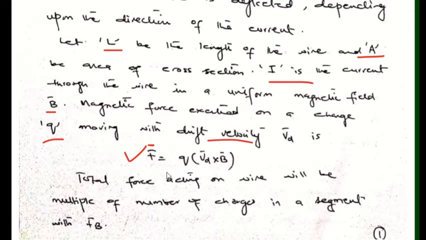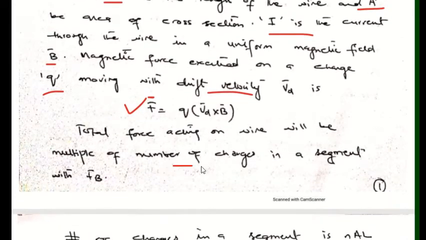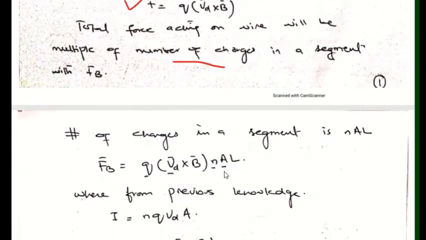So the total force acting on the wire will be this force multiplied by the number of charges present within that segment of the wire which is being placed within the uniform magnetic field. To calculate the total force, we will multiply this factor with the number of charges, that is, the number density and the volume of the wire. So we will get F_B equals q vd cross B times nAL.